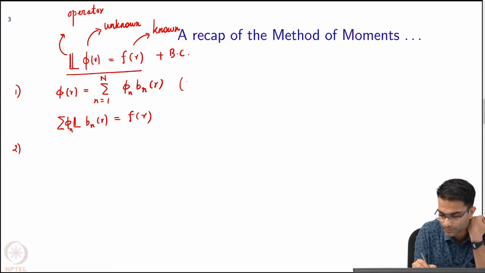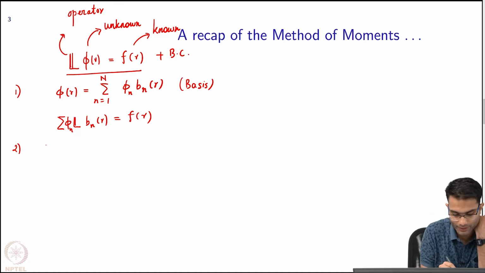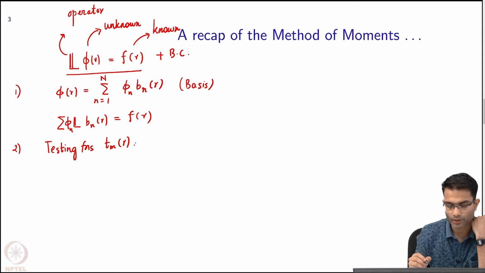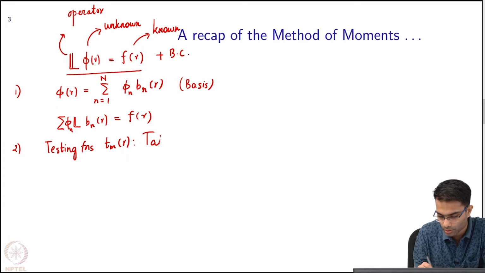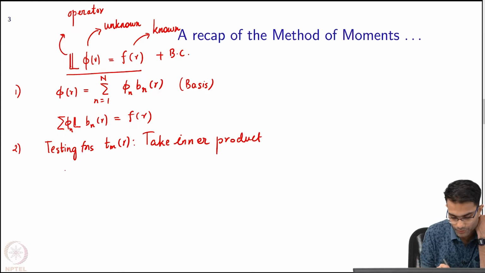So, these were basis functions, and the next step was testing functions T m of r. So, what did I do? I took an inner product, right. So, take inner product. What happened? This summation stayed outside, right.